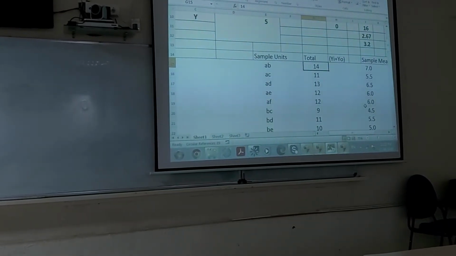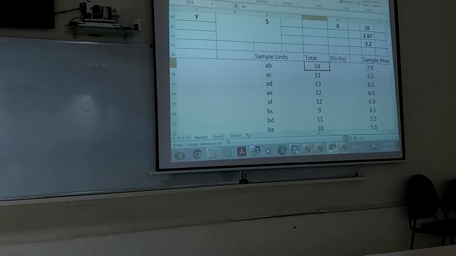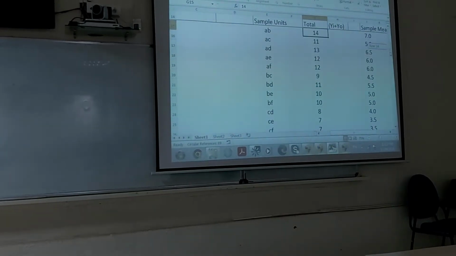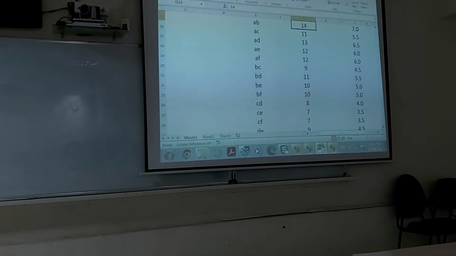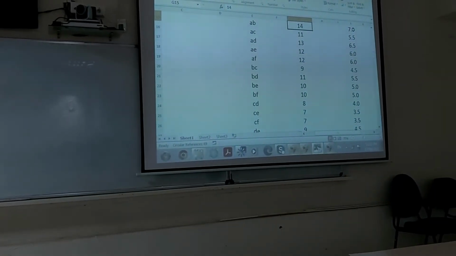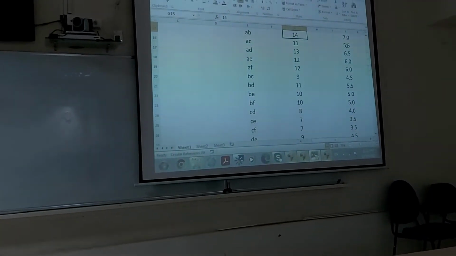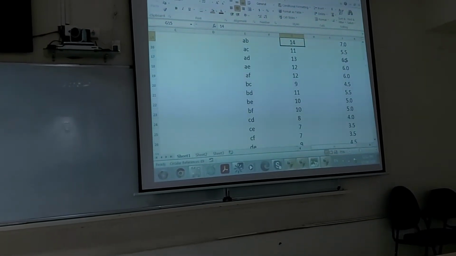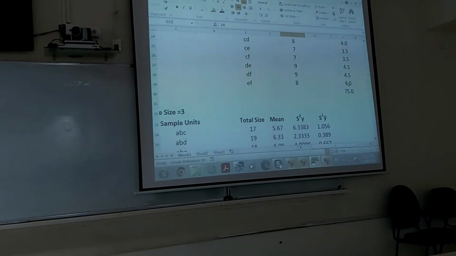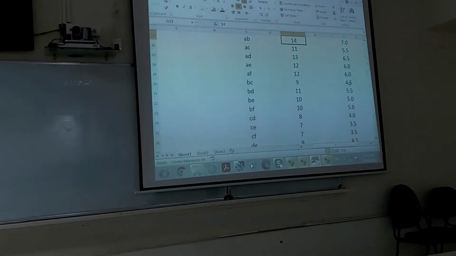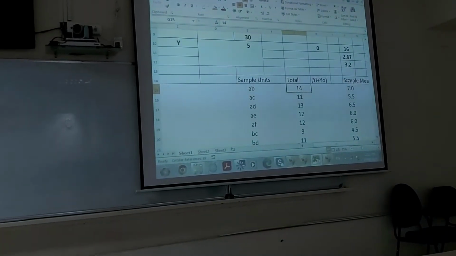For each of the samples, we can also define the arithmetic mean, and this is the listing of all the arithmetic means. For example, if the sample is AB, the arithmetic mean is 7, AC 5.5, AD 6.5, and so on till EF, where the mean is 4. So these are all 15 possible sample means.